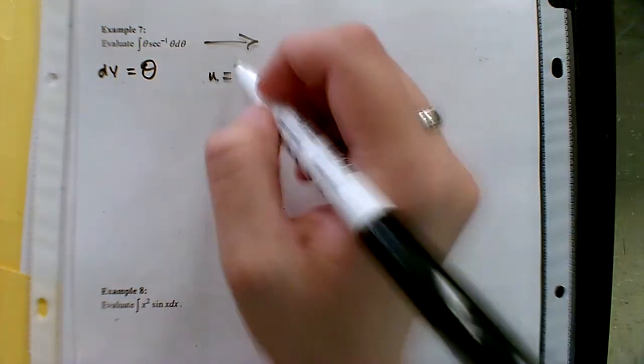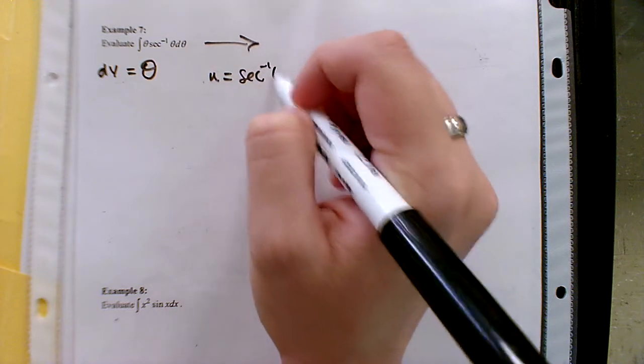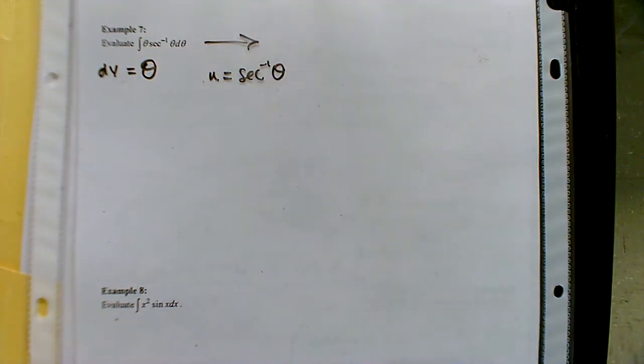If you don't like the thetas in there, you can think about them as x's. What do you want to let dv be? Think about detail. Yeah. Theta, good. Which means secant inverse would be our u.